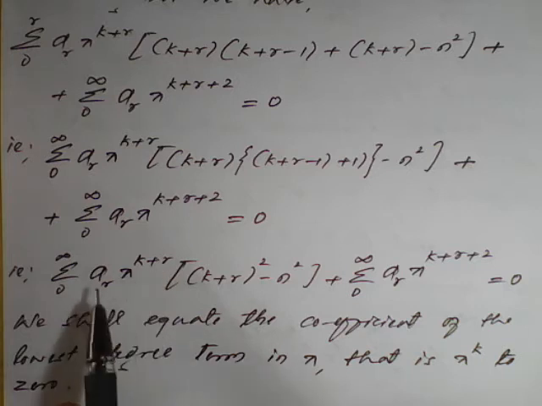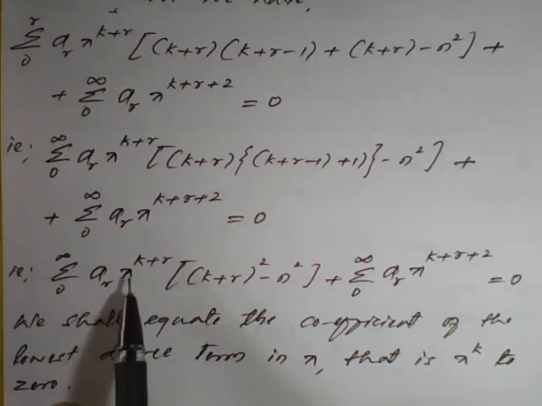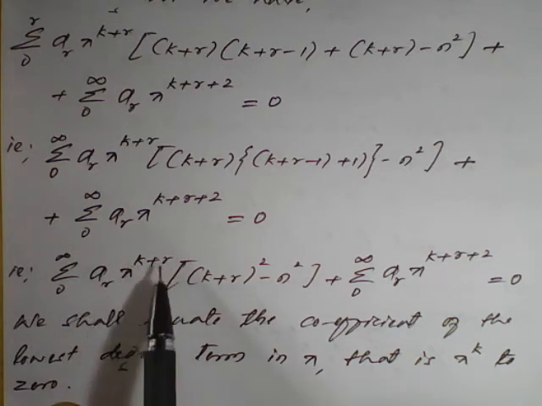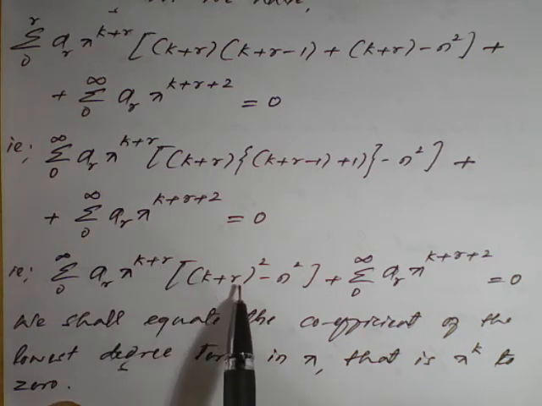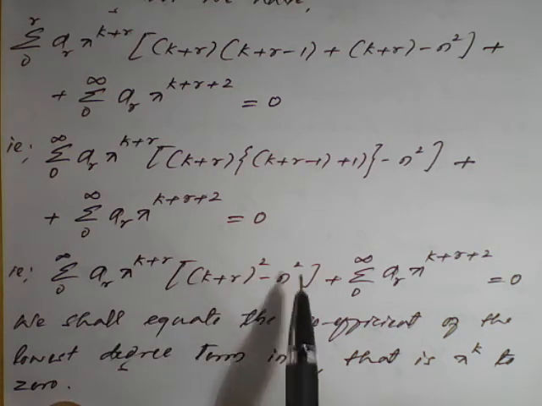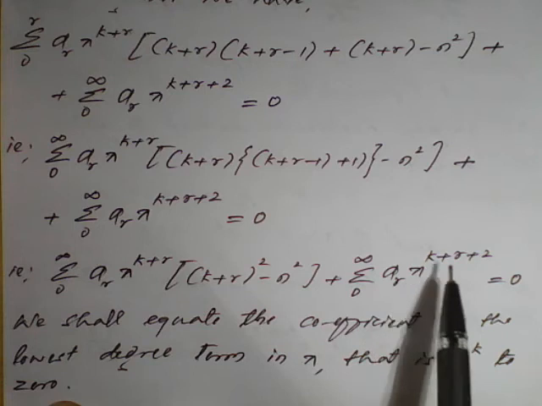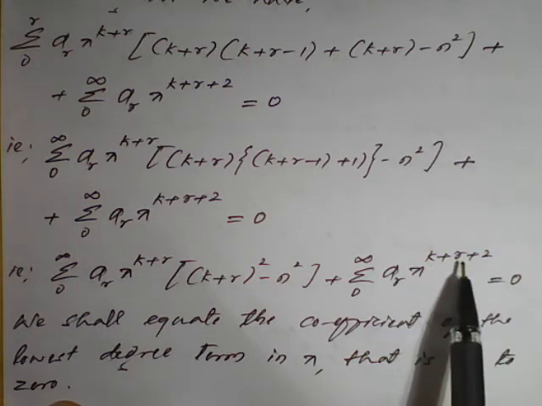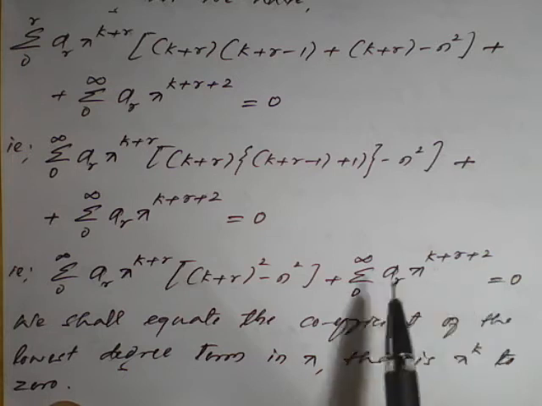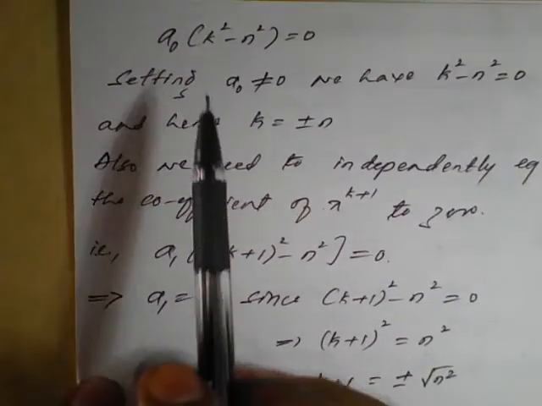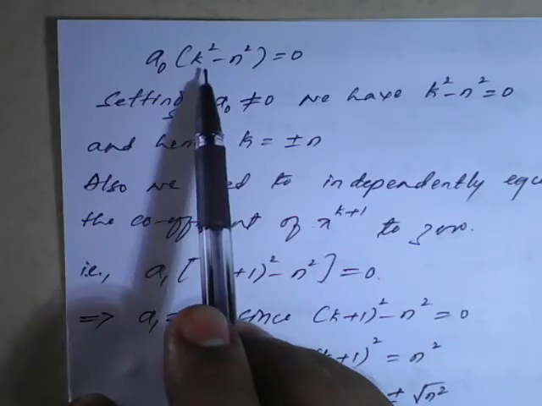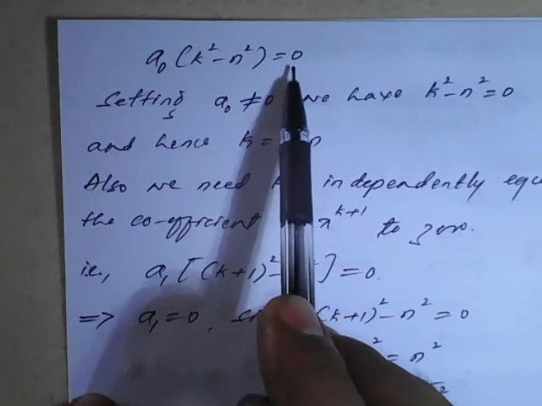If r is 0, you will get a naught x raised to k, because r is 0, then k plus 0 becomes k square minus n square. If you put r equal to 0, we will not get the k+2 term here. Therefore the lowest power x raised to k gives a naught (k square minus n square) equal to 0.